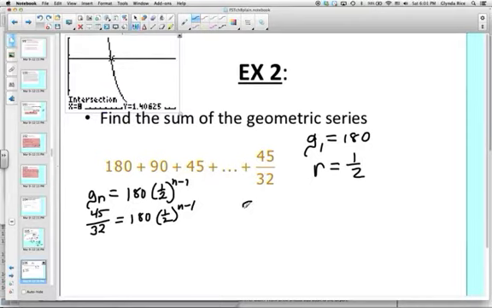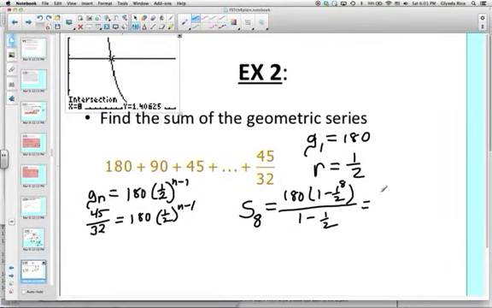So we want the series. There's so many S words. And we found out n is 8, so S sub 8 equals G sub 1, which is 180, times 1 minus 1/2 to the 8th over 1 minus 1/2. Let's see, that's 180 times, I should know what 2 to the 8th is, 256.